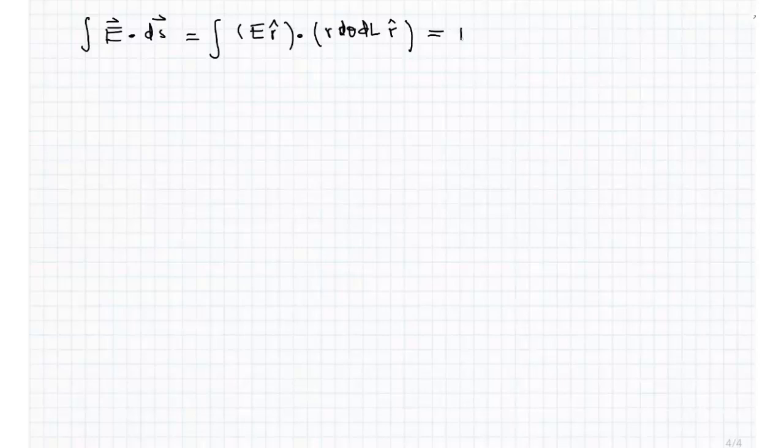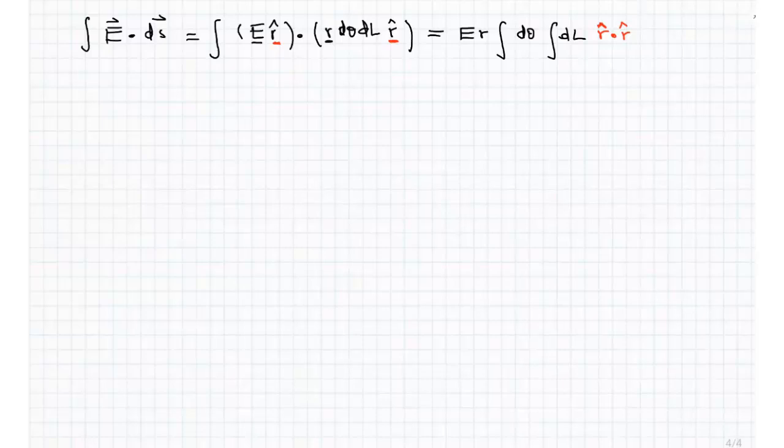So I take E and r out of the integral, and I write the integral of d theta and the integral of dl. And I do the dot product of r-hat with r-hat, right?